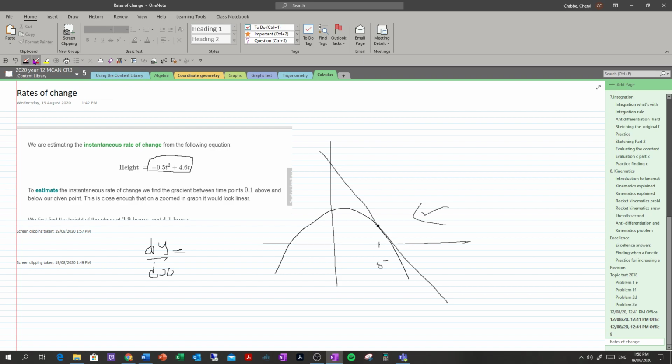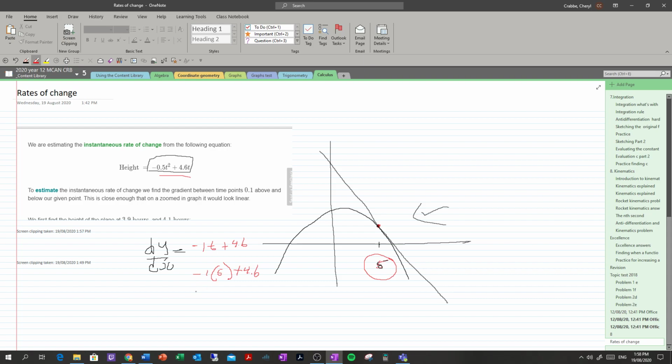So for this one, if I differentiate it, I'm going to get 0.5 times 2, which is 1, and then t, because we go 2 minus 1, plus 4.6. That's the derivative. Now, if I want to know what the instantaneous rate of change is at that point for the plane, I simply throw the 5 in and work it out.